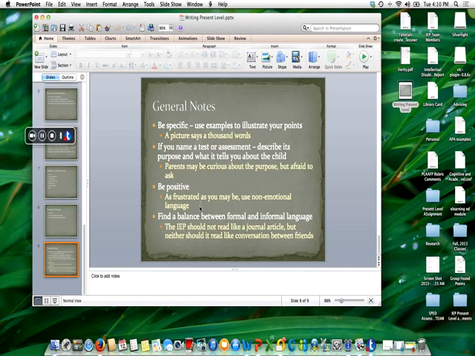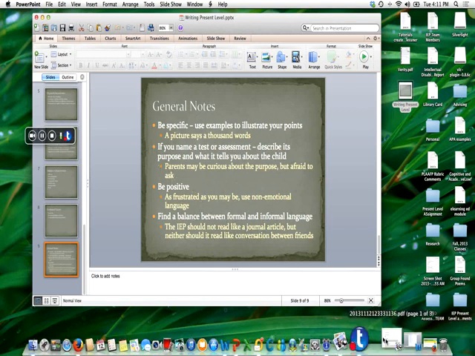What's nice about the IEP is you have this document that you're all working on together, coming up with the ideas. Everyone should be having input into it, but it shouldn't be so casual that it would be like just talking amongst friends. The casualness, I think, comes in more when we're meeting with the parents. So we have the document, but then we can talk and explain things further.